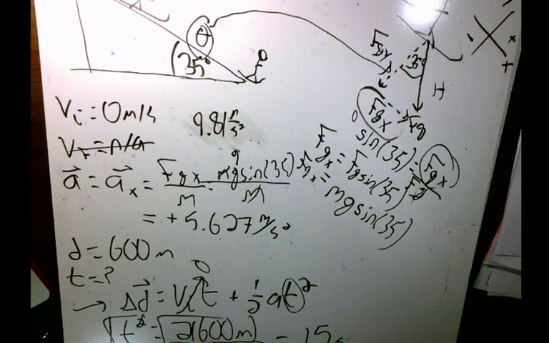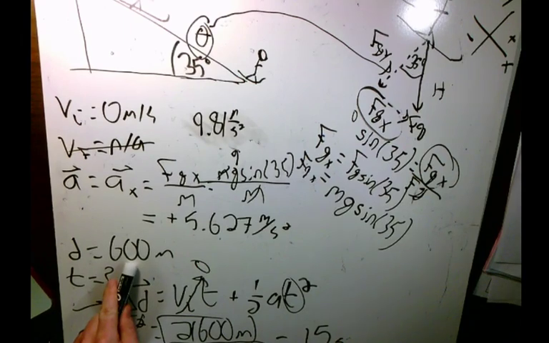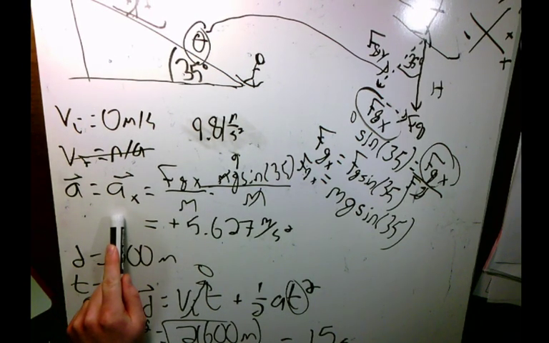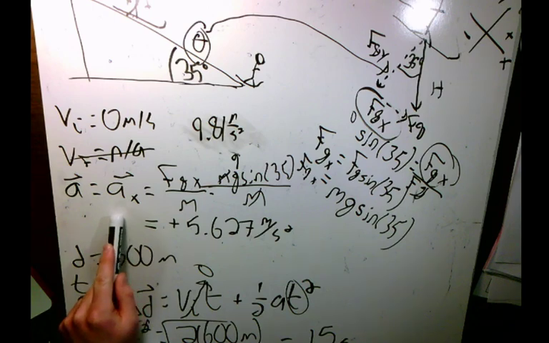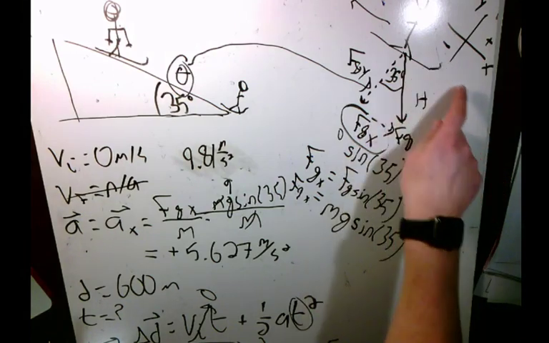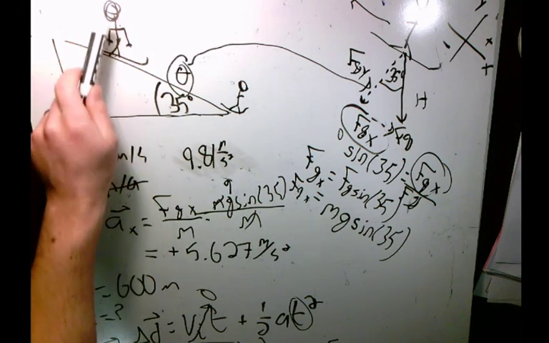So it takes this guy 15 seconds, regardless of how massive he is, what he weighs, to travel 600 meters down this frictionless slope. So whenever we're working with a frictionless slope, we're going to end up with this formula, the acceleration down slope, or parallel to the surface, which is what we're really working with because he's not accelerating up or down from the slope.